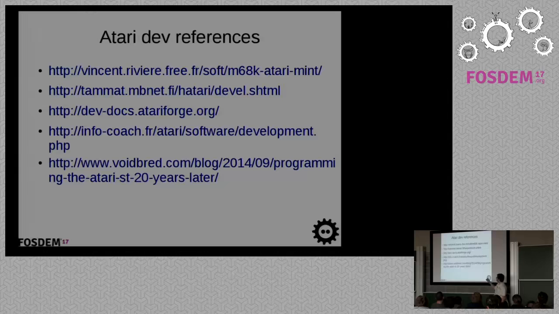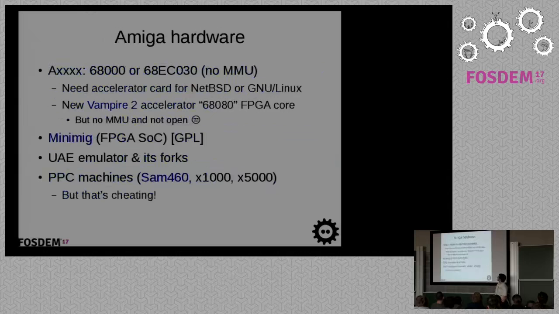Yeah, Amiga hardware. So maybe some of you weren't born at the time, but there was a huge war between Atari and Amiga. Well, but they're friends now. Yeah, I know both sides.